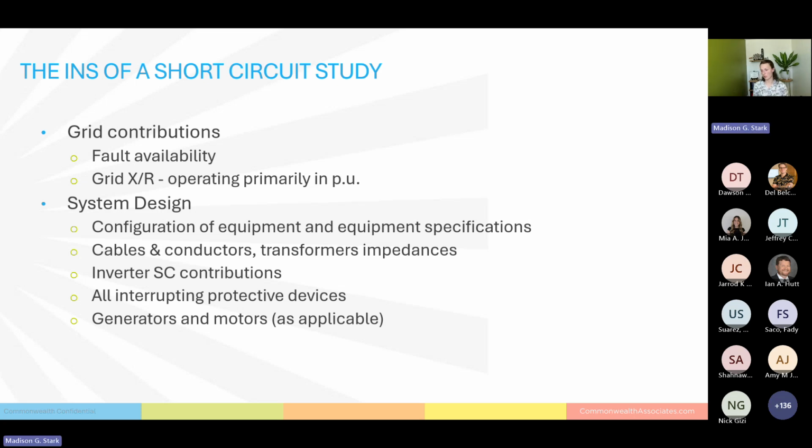If you have generators and motors on your site, you really need their transient and subtransient reactances, because those two values are going to determine what their short circuit contributions are to the grid. And that's going to determine what those peak values look like. Generators especially are very influential in short circuit studies. And motors, especially induction motors, have the ability to push short circuit current as well. So they also need that information.